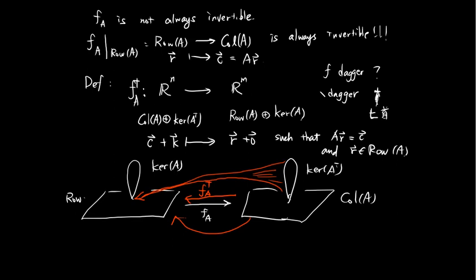As long as you know this mapping, then you are able to calculate A and A dagger. The pseudo inverse of A is the matrix representation of F dagger.